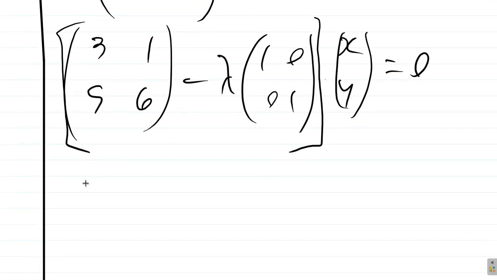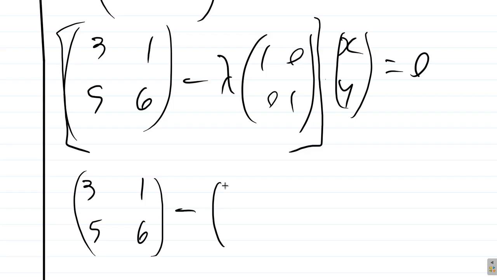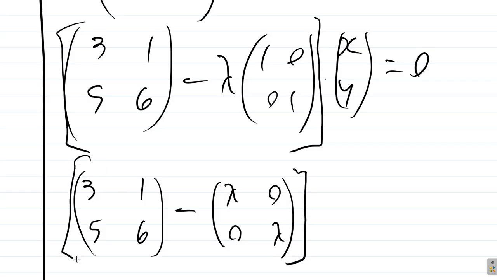So what we have is [3 1; 5 6] minus lambda [1 0; 0 lambda], all of this times (x, y) equals 0. Alright?